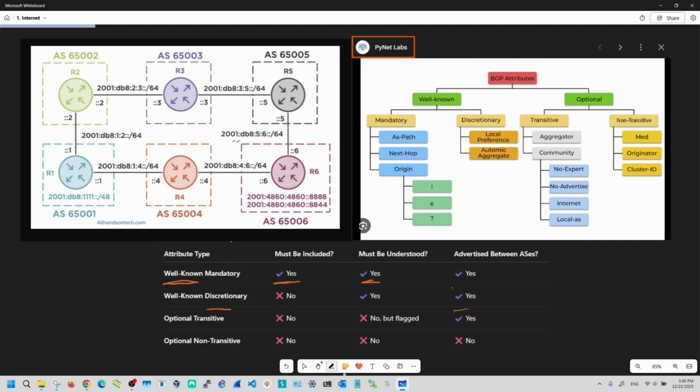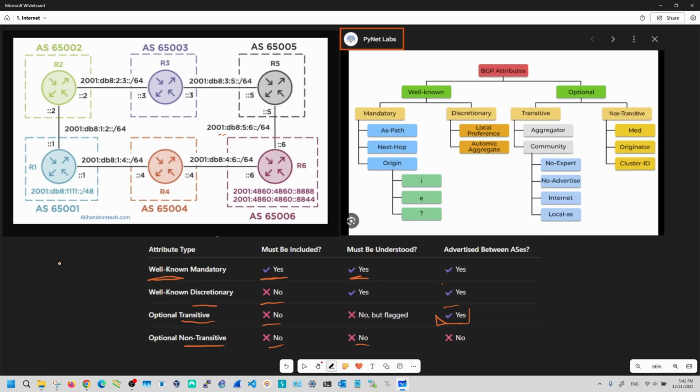Well-known discretionary attributes do not have to be included though. With optional attributes, we have so-called transitive and non-transitive attributes. They do not have to be included in updates, they do not necessarily need to be understood, but transitive attributes are advertised between autonomous systems. And all of these attributes help us do traffic engineering between autonomous systems.